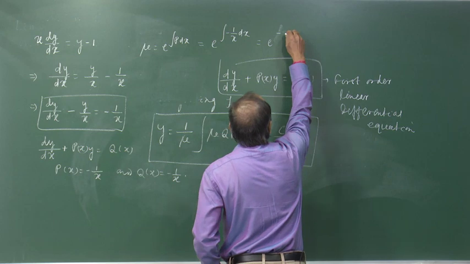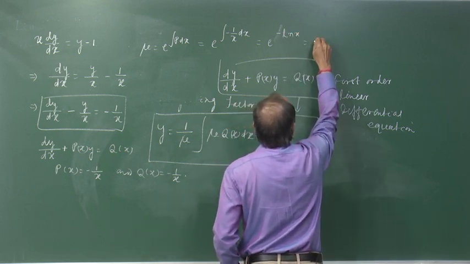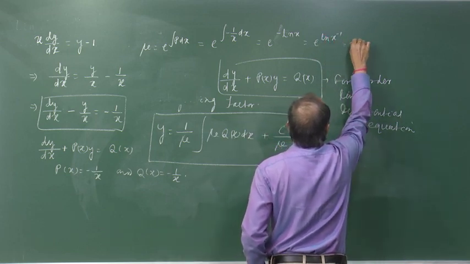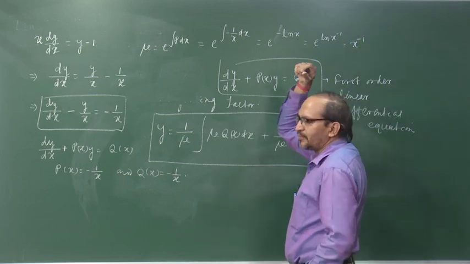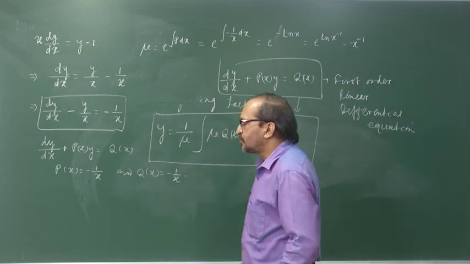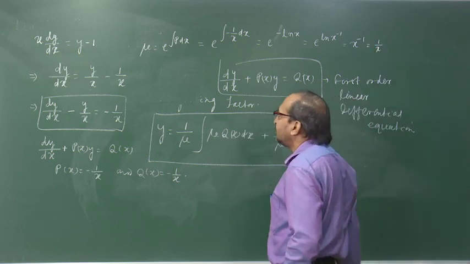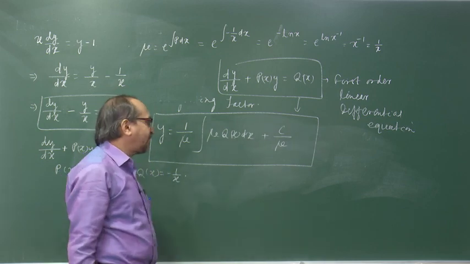So, e to the power minus ln x is equal to e to the power ln x to the power minus 1, that is x to the power minus 1, because e to the power ln x is equal to x. So, it is equal to 1/x. Our integrating factor mu is 1/x.